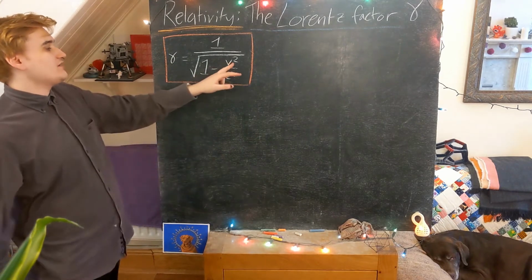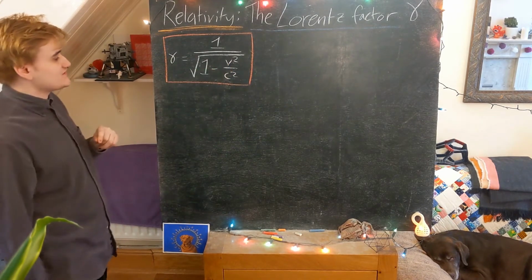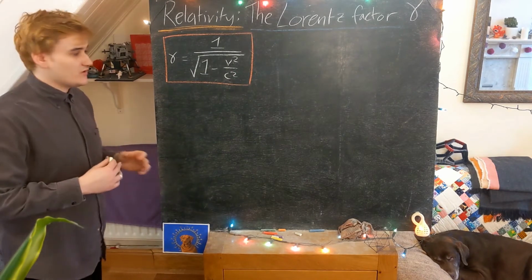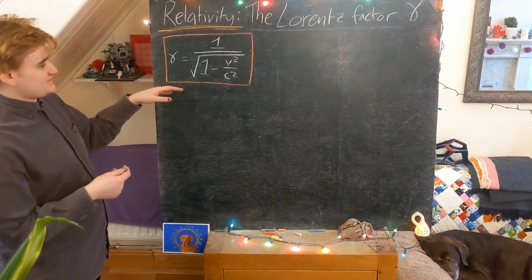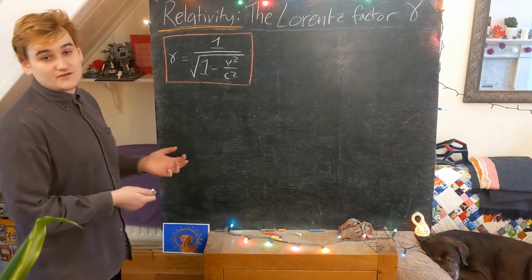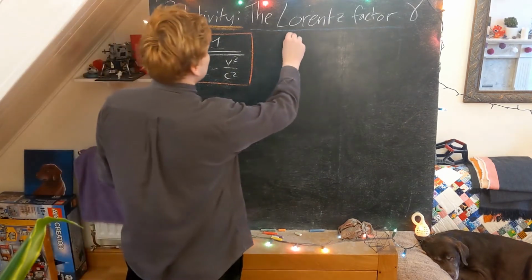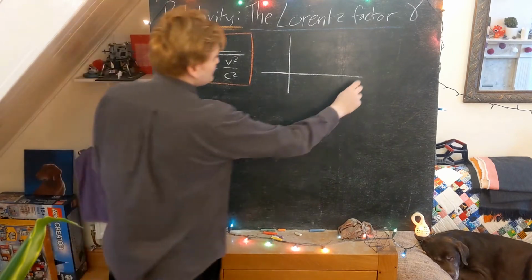So the only real free parameter we have here is this v squared, the coordinate velocity of some frame. And now let's just quickly have a quick plot of this function. We can see it depends on the v squared, so it's not really going to matter about the sign of v. So I'll just consider positive v's.